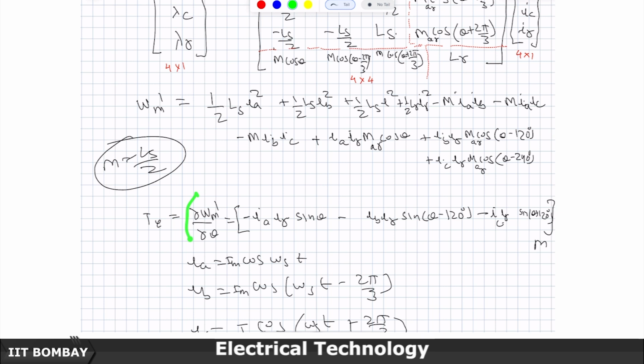So I take the partial derivative of Wm dash with respect to theta.